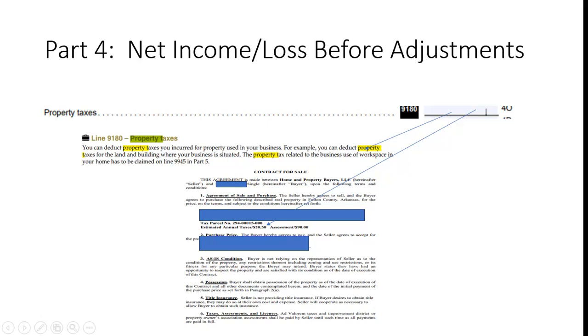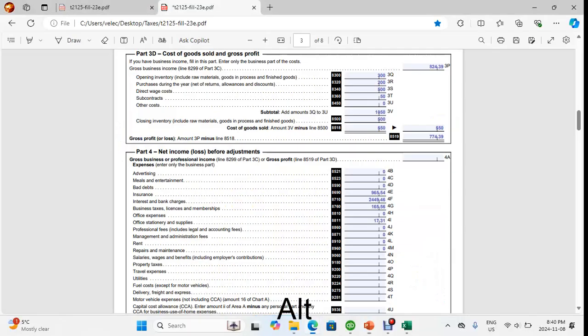So when you buy a property, for example, real estate or even land, your property taxes will be listed on the contract that you sign. In this case, this will be 0, and your property taxes will be 0.